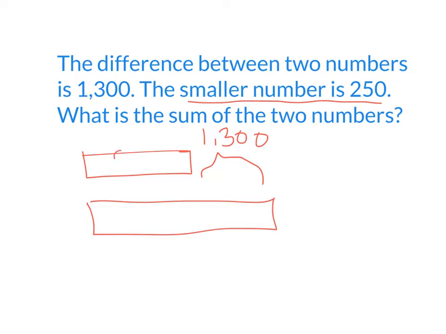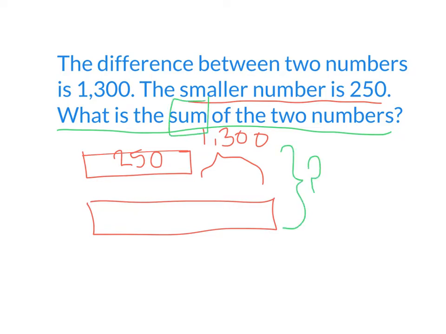You're right. So this bar is 250. Okay, so now what do we need to find out? What is the sum of the two numbers? Yeah, so what does sum mean? Add. Yeah, so we're going to be looking at adding those two numbers. That's going to be what we're looking for.